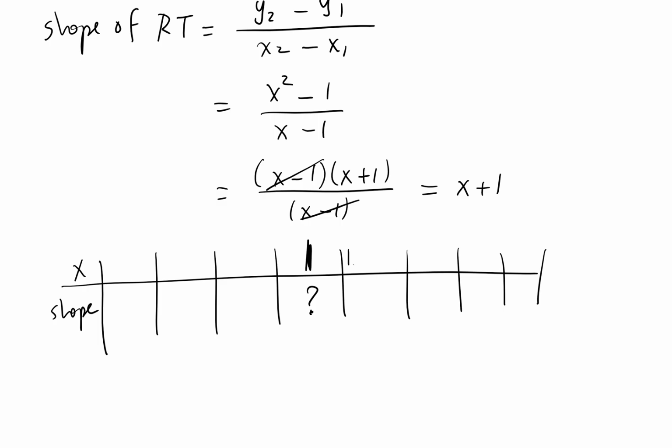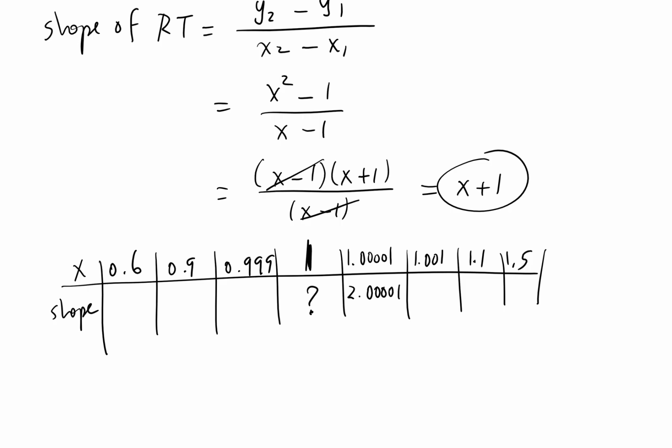I'm going to pick 1.00001, 1.001, 1.1, 1.5, and 0.999, 0.9, and 0.6. Substituting in, we get 2.00001, 2.001, 2.1, 2.5, and 1.999, 1.9, 1.6.